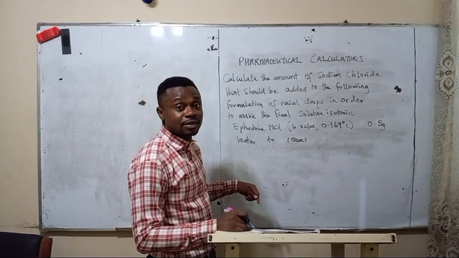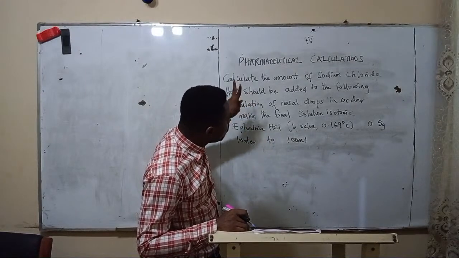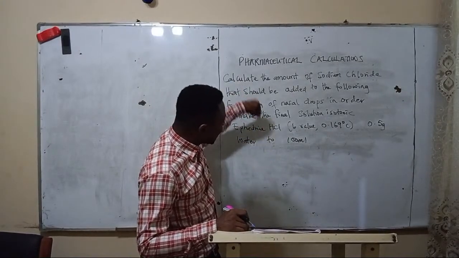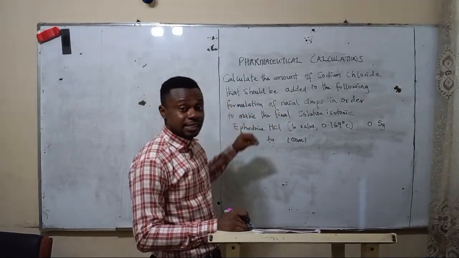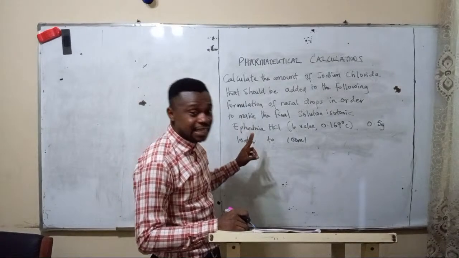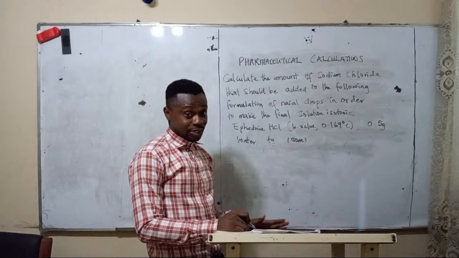Now, two of these properties are used in the adjustment of the tonicity of solution. Mainly, we have the osmotic pressure and the freezing point depression.